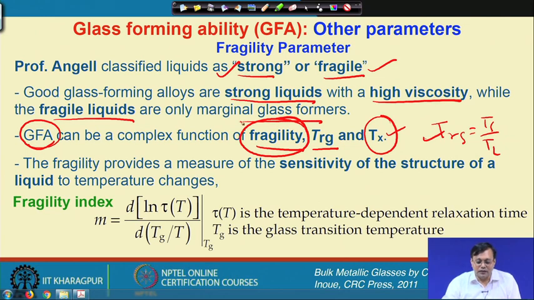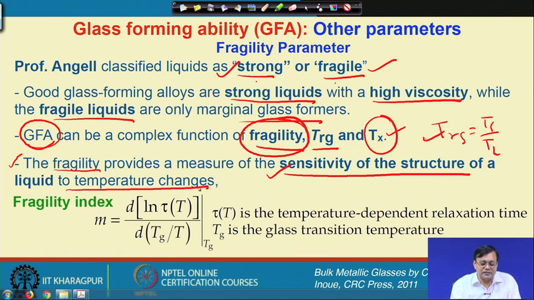So, the fragility tells us whether a glass former is strong or fragile and how easy glass formation could be. Here the fragility provides a measure of the sensitivity of the structure, or the short range order, or the cluster we are talking about. So, the physical significance of fragility is the sensitivity of the structure of a liquid to temperature changes. Okay.